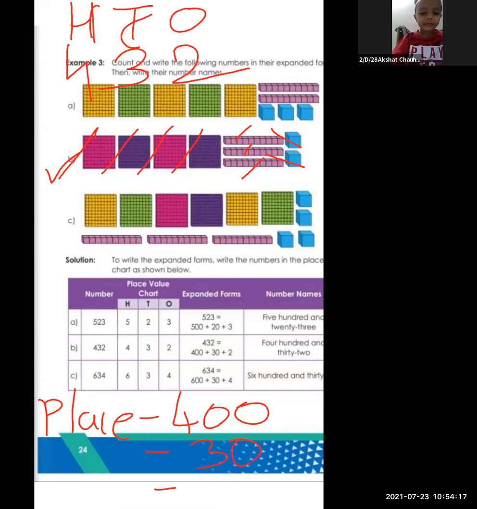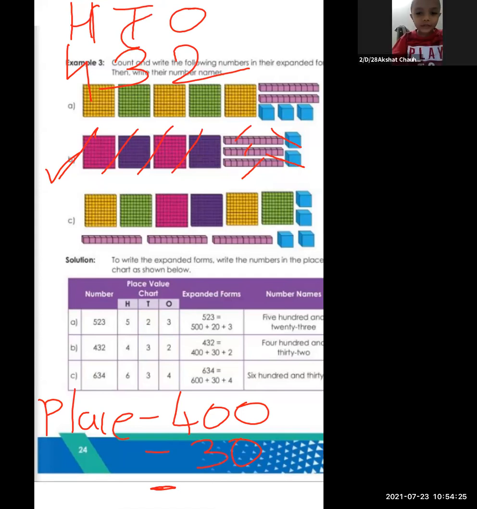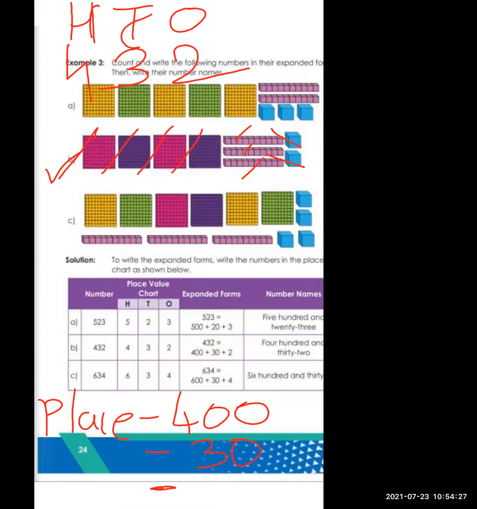And what is the place of the 2? 2 का place क्या है? 2 ones, it means a 2 only. So these are the place values of this number.